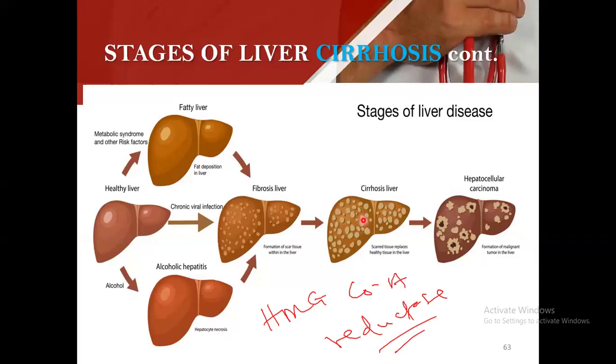Most herbal drugs are metabolized by the liver, and the liver is failing, so it will fail quickly and the person will die. So not all people move to hepatocellular carcinoma before they die. Some die at the cirrhotic stage.